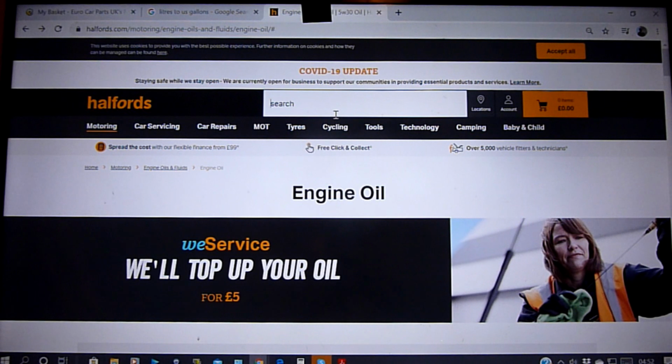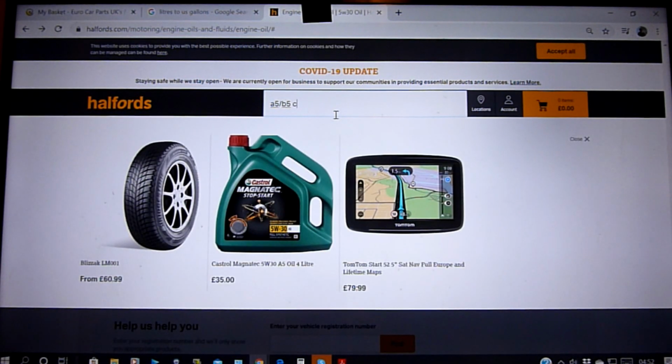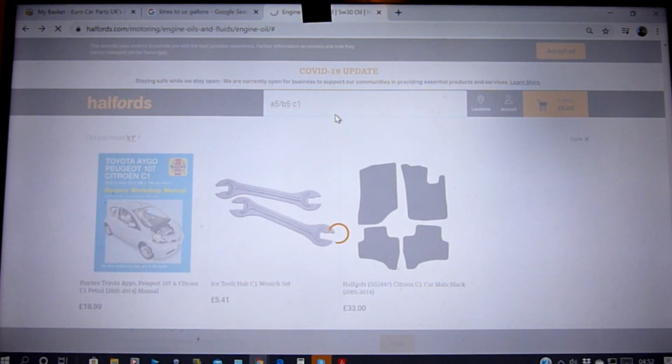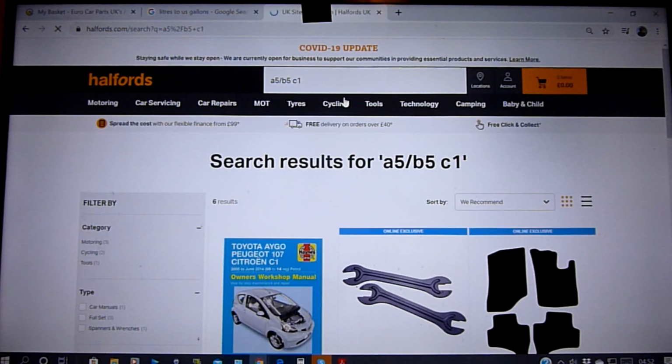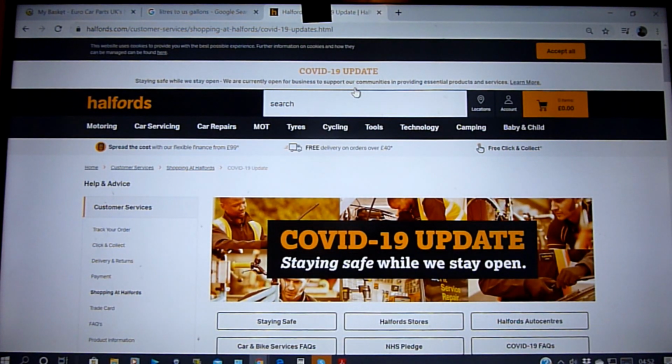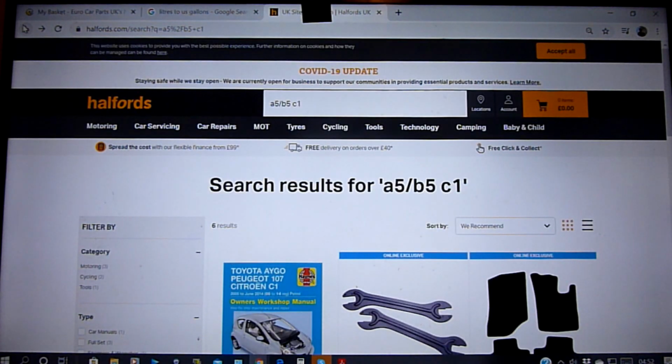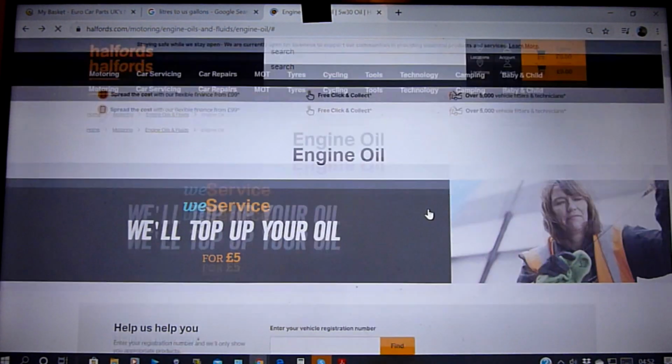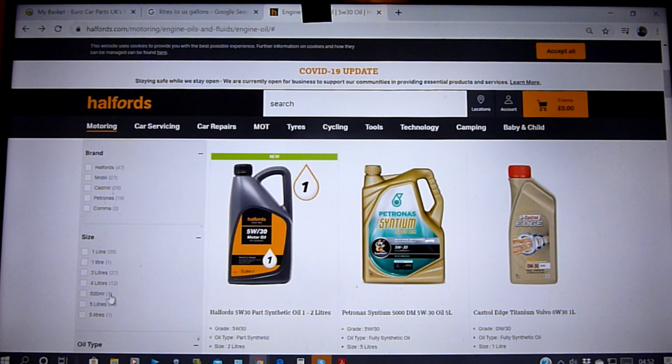Let's put the specifications in: A5/B5, C1 oil. Okay. Right. Go back. All sorts of things. Let's try doing it like this.